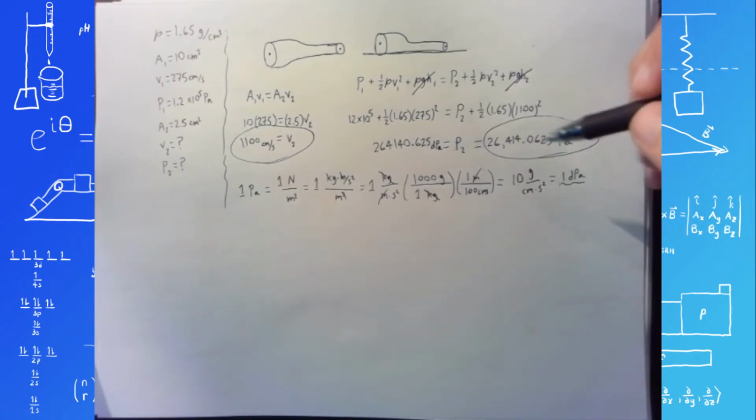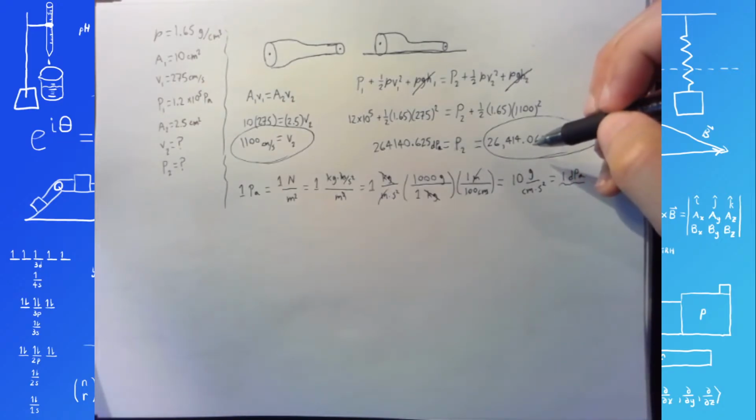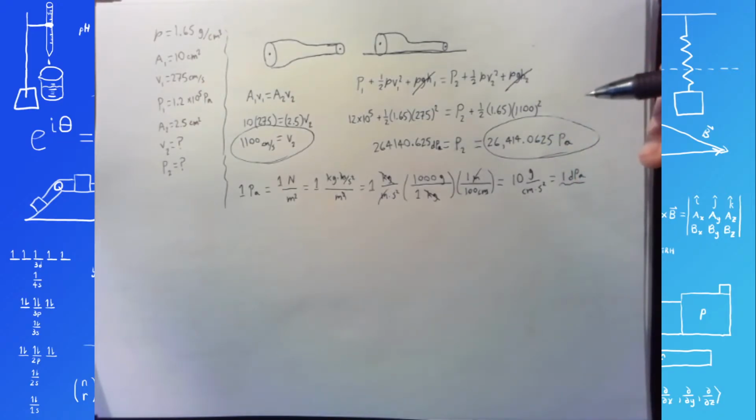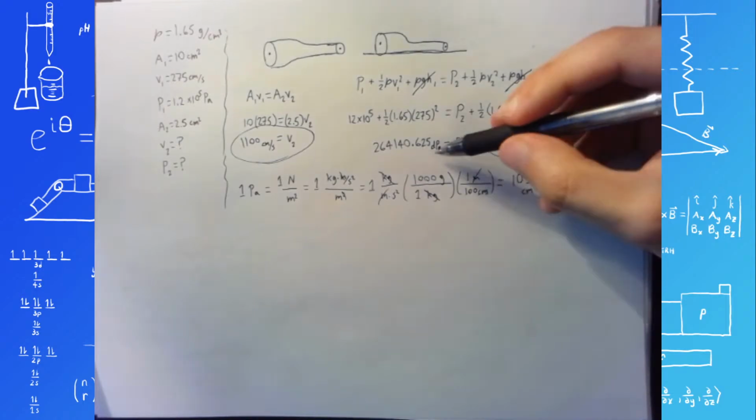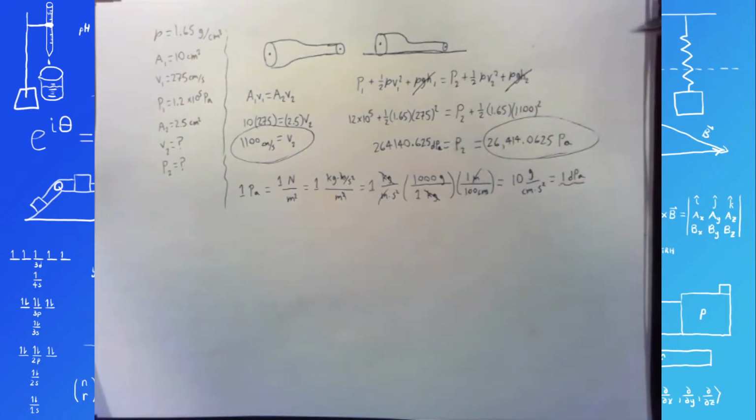What am I doing wrong here? No, wait. It is 2.64 because the number in my calculator was back when it was still in decipascals. Yeah, never mind. I was doubting myself for no reason. 2.64 times 10 to the 4, if you want to write it in scientific notation.